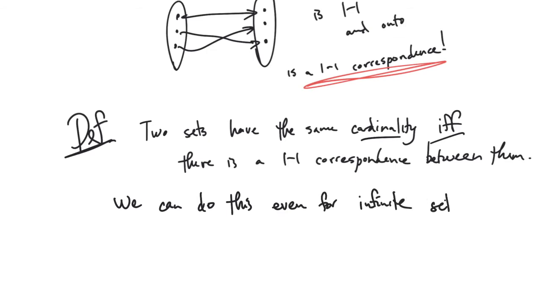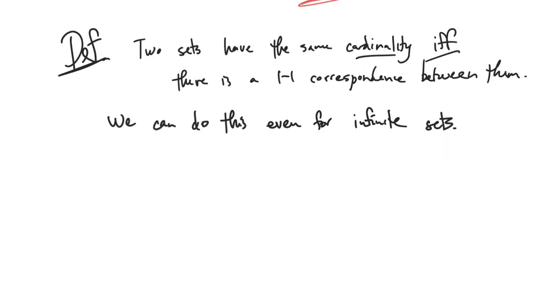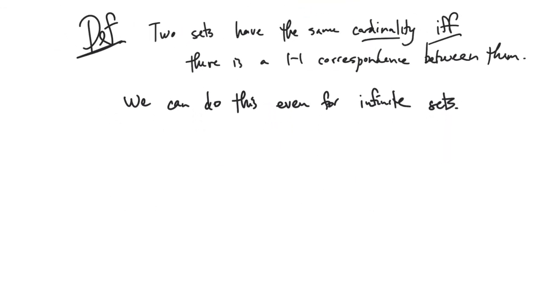Even if two sets are infinite, you can still ask the question, is there a one-to-one correspondence between these two sets? You can still try to decide if there is a one-to-one correspondence. So in this case, there's a notation that our book uses. This is not a universal notation, but we're going to write it this way.